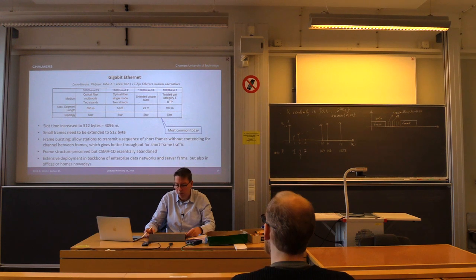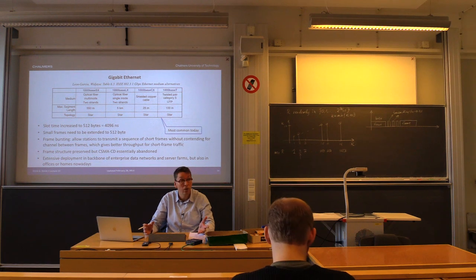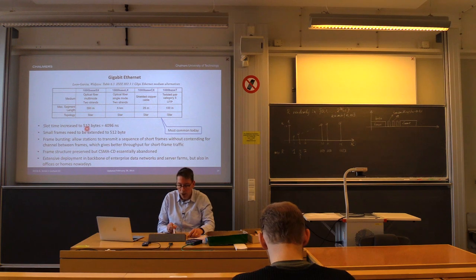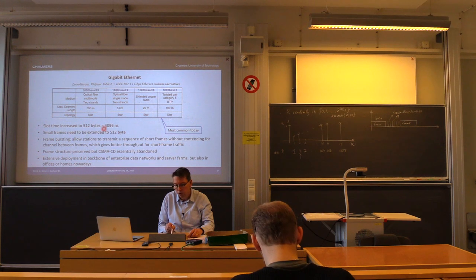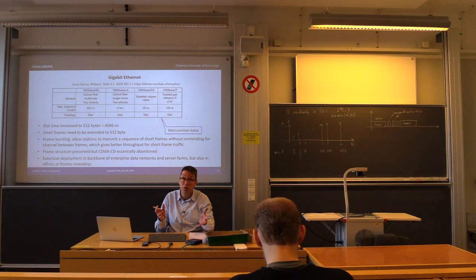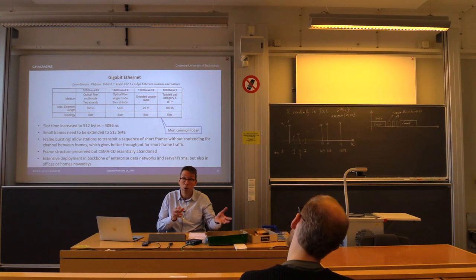So what to do then when we go to gigabit, right? The same problem occurs, right? And now the choice was actually to increase the slot time in the sense that we increase the number of bytes required for this. Now you see that the slot time is 496 nanoseconds, which is essentially the slot time we had earlier also in 100 megabit per second Ethernet, right?